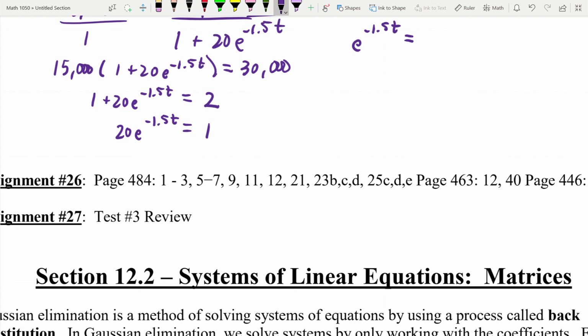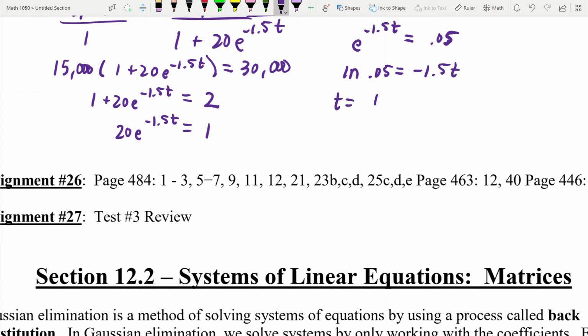Everybody hit 1 divided by 20. 1 divided by 20 is a nice number. So let's go ahead and just write that as 0.05. If it was not nice, leave it as 1 over 20. Okay, but it was nice, so we don't have to. Convert it. ln 0.05 is negative 1.5t.